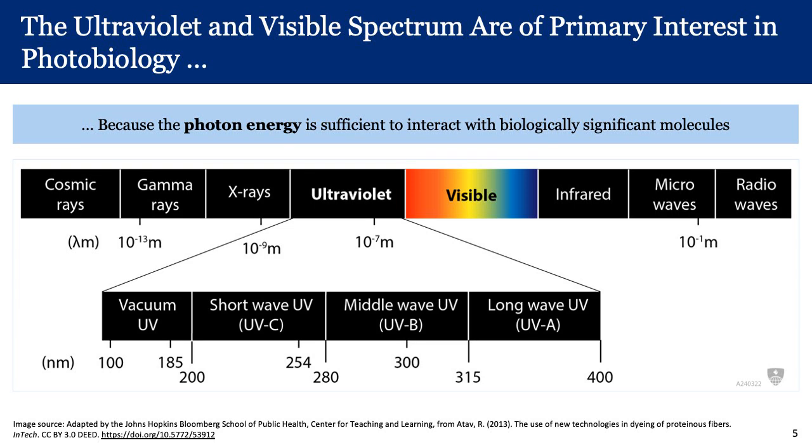Now, at any mention of ultraviolet, we need to point out the electromagnetic spectrum. And ultraviolet is that part of the spectrum that is of shorter wavelengths, higher photon energies than visible light. There's a little overlap of visible light into the ultraviolet, but the ultraviolet is broken down, as shown here, into different bands depending upon your specialty.